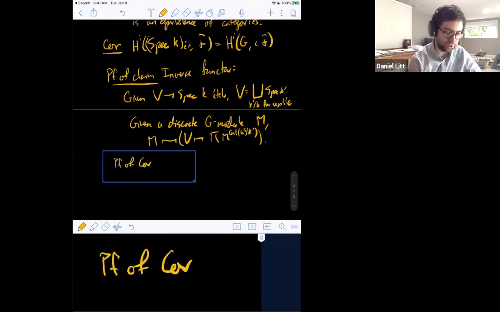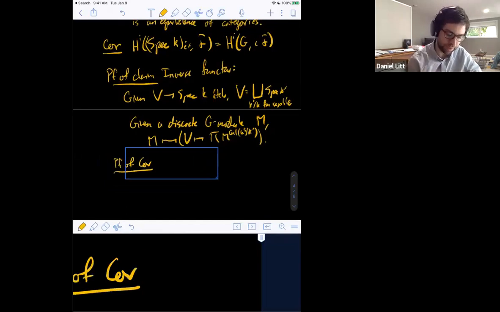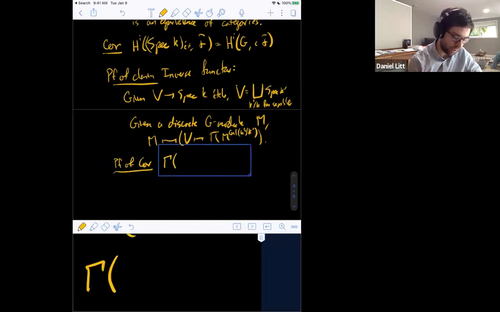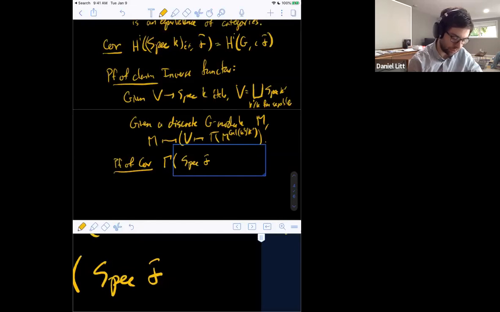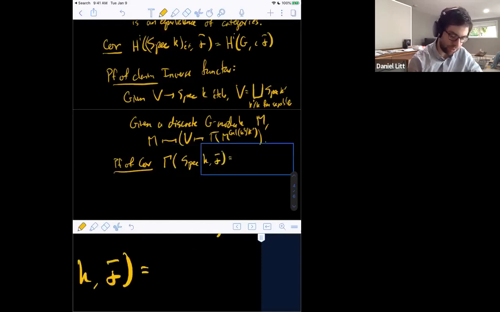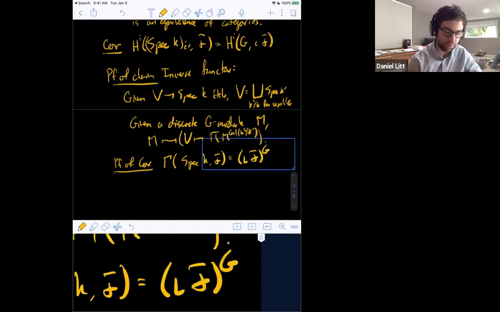Once you check that this is actually an inverse functor, it's telling us that the global sections on Spec K of F are the same as taking this sheaf iota F and then taking the G invariants. Sorry, I thought someone said they couldn't hear me.